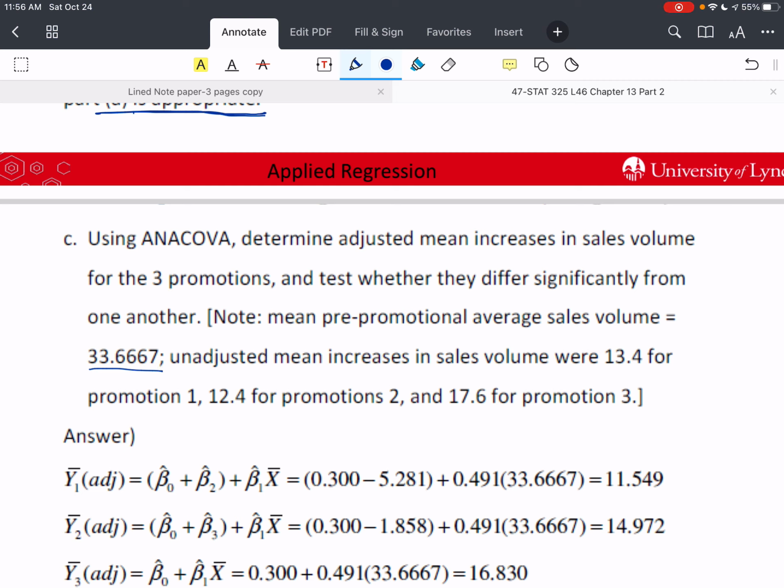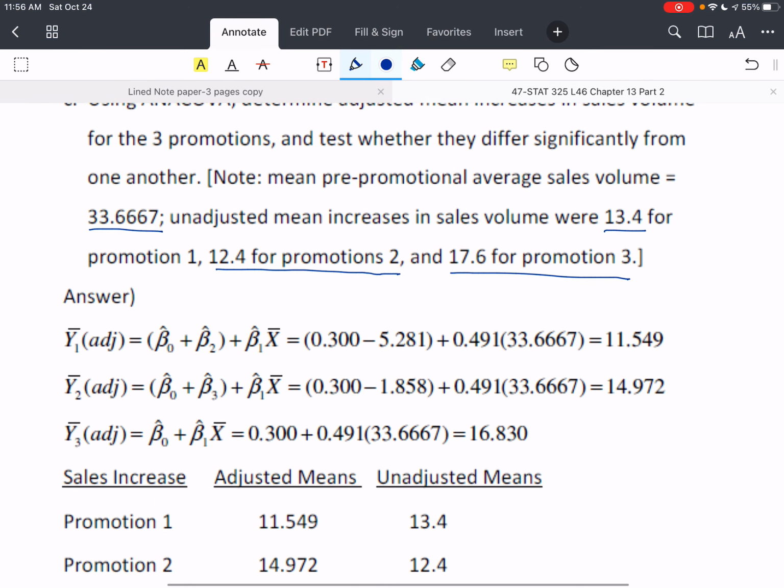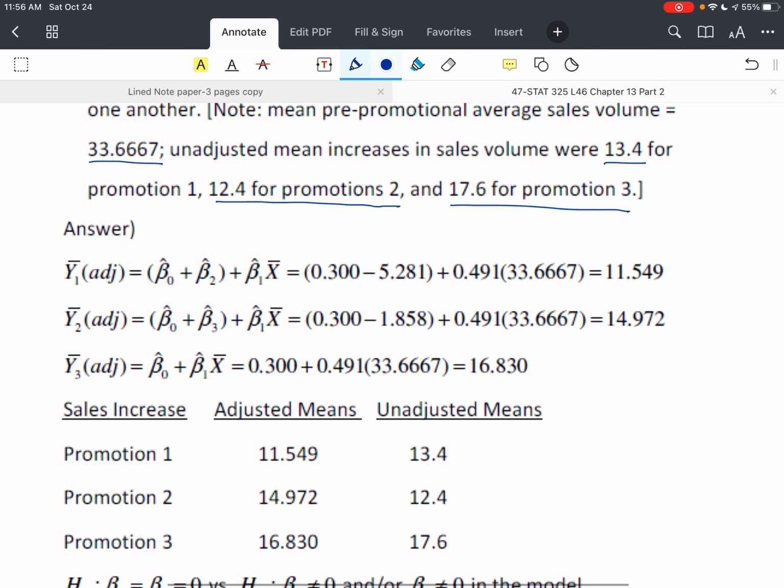And the unadjusted mean increase in sales volume was 13.4 for promotion 1, 12.4 for promotion 2, and 17.6 for promotion 3. Okay, so they're giving you these values so that we can use them as needed. Okay. So here are the sales increase. These are the adjusted means. These are the unadjusted means. So they gave us these unadjusted means here.